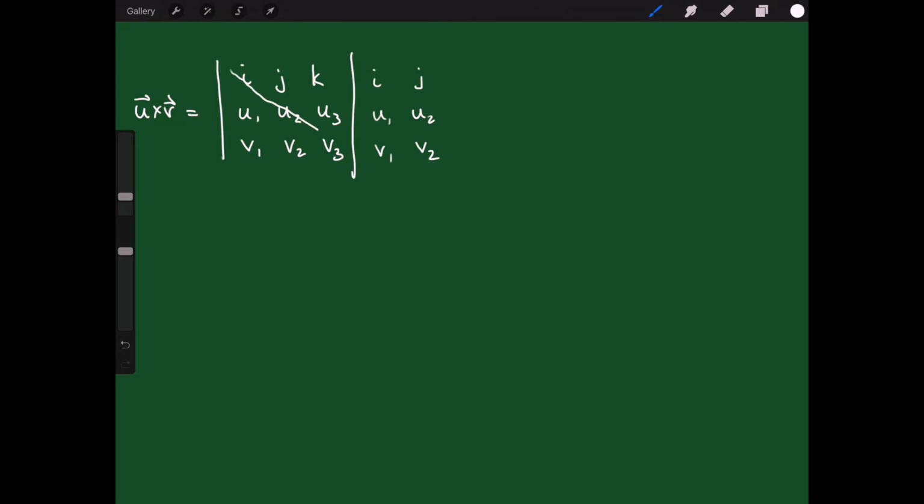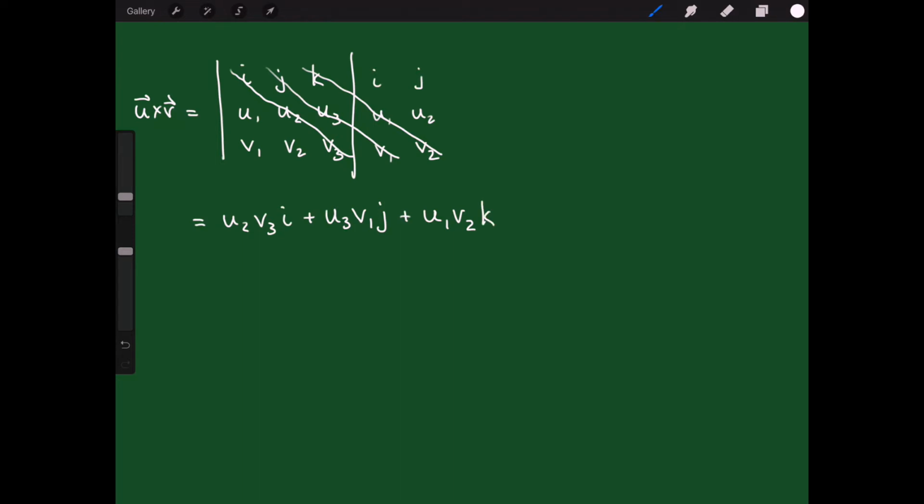I'm going to look at this first diagonal line, and I'm going to say, okay, that first diagonal line is U2 times V3 times I. Then I'm going to take the next diagonal line and multiply those together. So that's U3 V1 times J. Next diagonal line is plus U1 V2 times K.